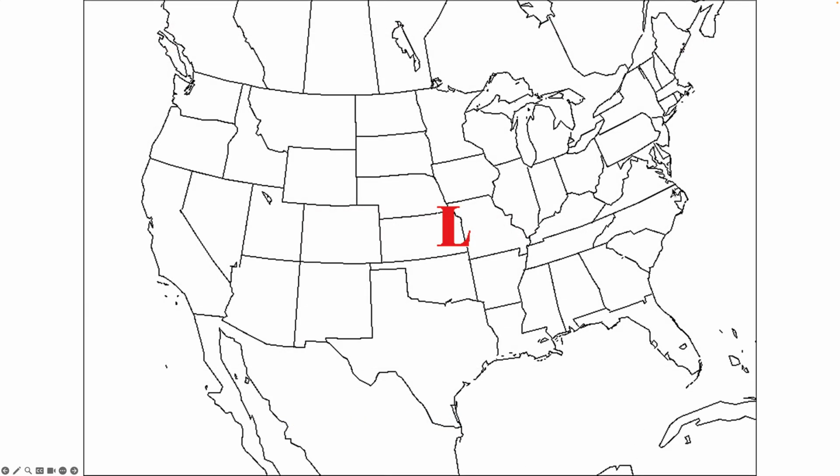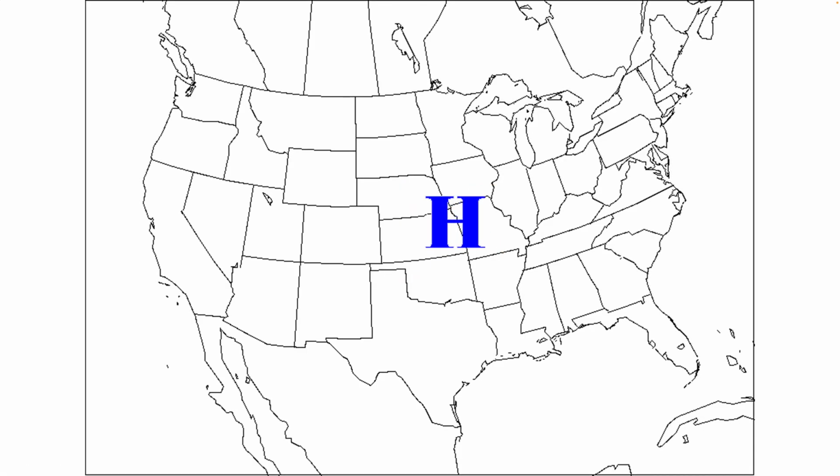Now, when it comes to low pressure, just know that after you do the hand twist model, you will find that the circulations are counterclockwise and in. I'll let you figure out the vertical part with the hand twist model in the video for yourself. With high pressure, it's the exact opposite: clockwise and out.